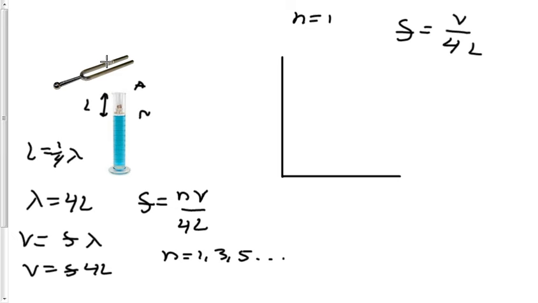So if we vary the frequency of our tuning fork and change the length of this, we could make a graph to get the speed of sound, which is what this variable here is. Okay, so I'm going to graph then accordingly the frequency versus 1 over the length. And that's the length of the column here.